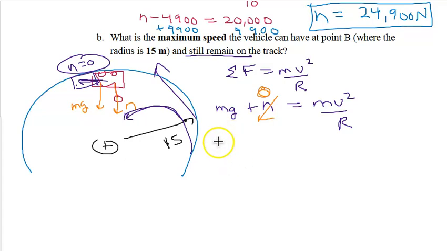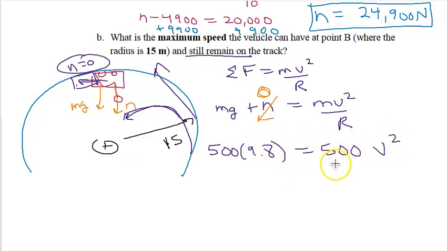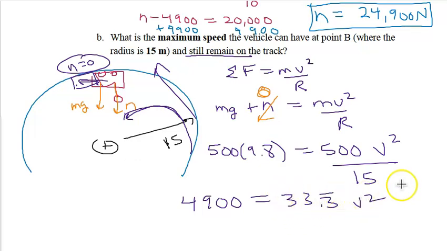So we're going to say 500 times 9.8 equals 500 times v squared over r, which is 15. So 4,900 equals 500 divided by 15, which is 33.3 repeating, times v squared.